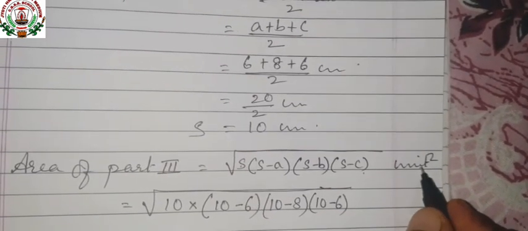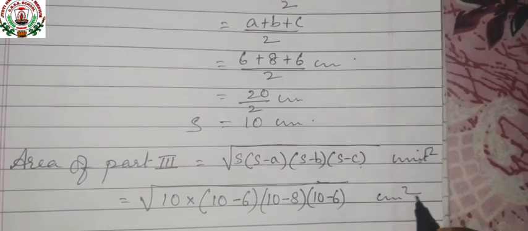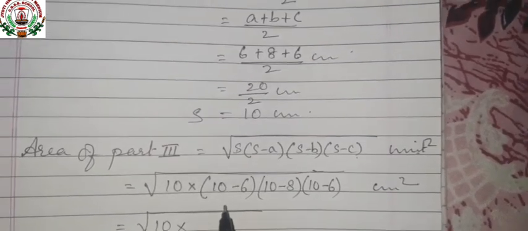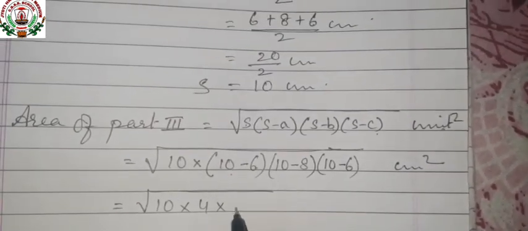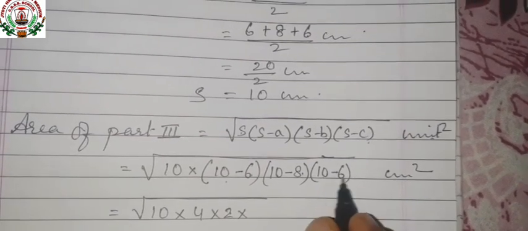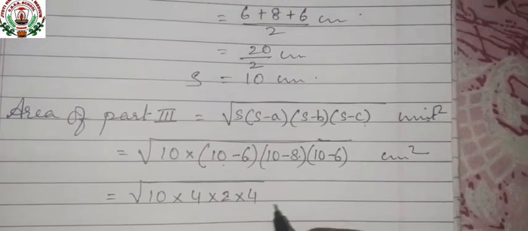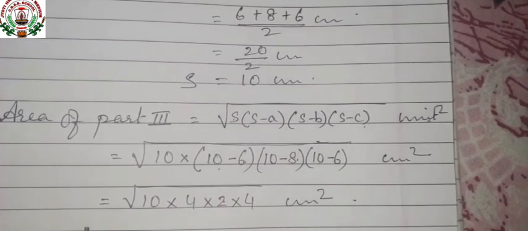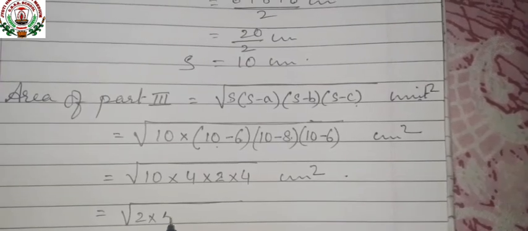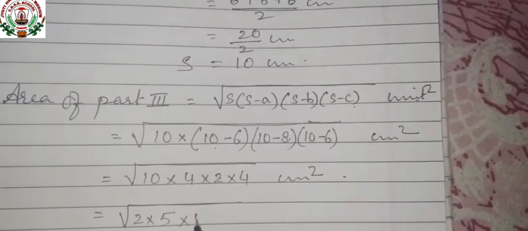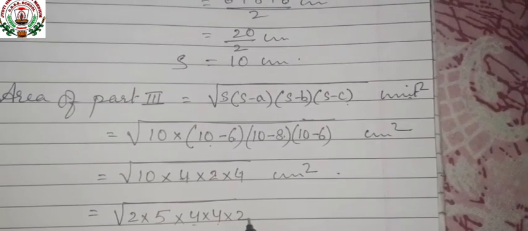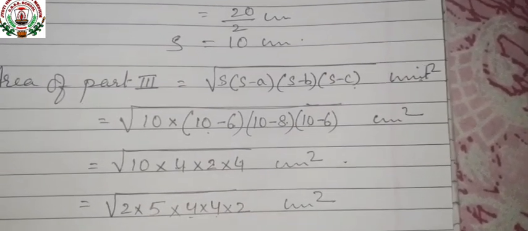Outside the square root we will write unit square, that is cm square, which equals 10 into 10 minus 6 is how much? 4, into 10 minus 8 is 2, 10 minus 6 is 4 cm square. Now this 10 we can split as 2 into 5. Then here 4 into 4 together, these two 4s we will write together, and here 2, under the square root, cm square.